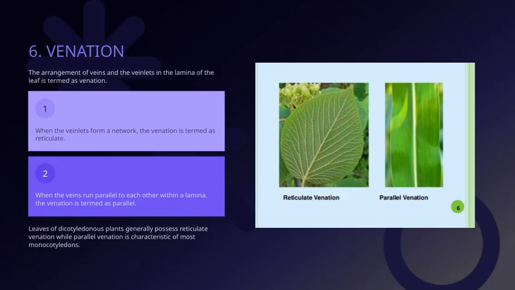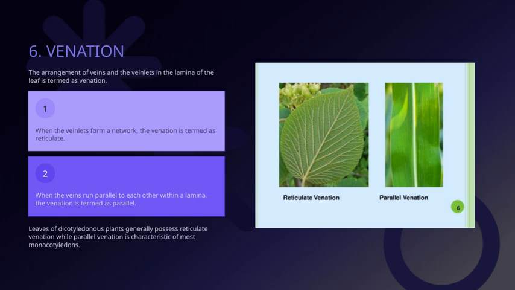Let's talk about venation in leaves. Leaves of dicotyledonous plants typically have reticulate venation, which means they form a network of interconnected veins. On the other hand, most monocotyledons are characterized by parallel venation, where the veins run parallel to each other within the leaf lamina. When the veins run side by side in a straight line, that's called parallel venation.